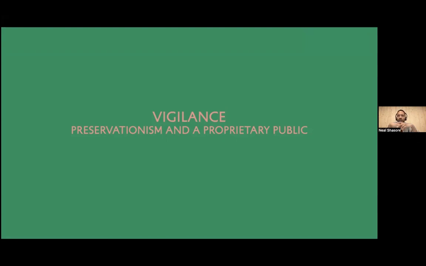It's used in anti-child and sex trafficking campaigns, and then gets used quite a lot in architectural discourse. So you get a springing up of architectural vigilance societies, and the language of vigilance really permeates preservationist debates at this time. So I thought it was quite an interesting word to use.